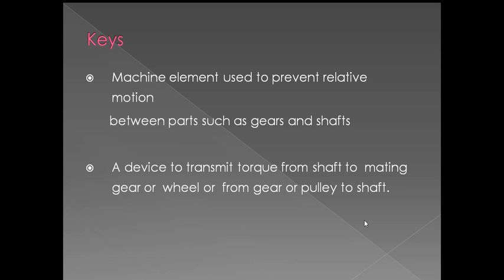This device is used for positive transmission, and the slot is made in the shaft or hub, or in both the shaft and hub. That slot is called the keyway.